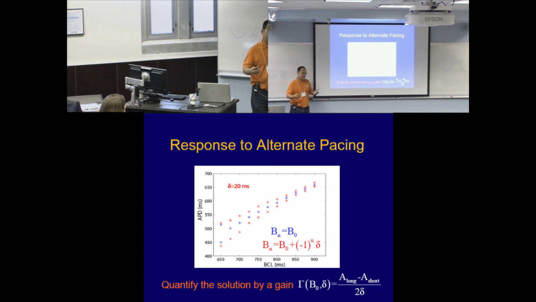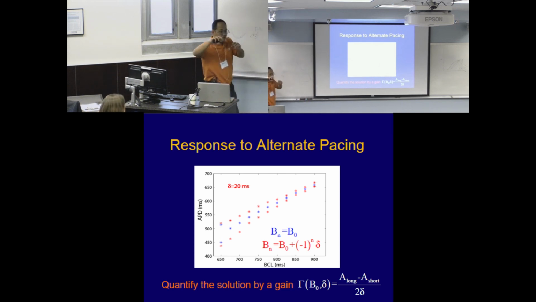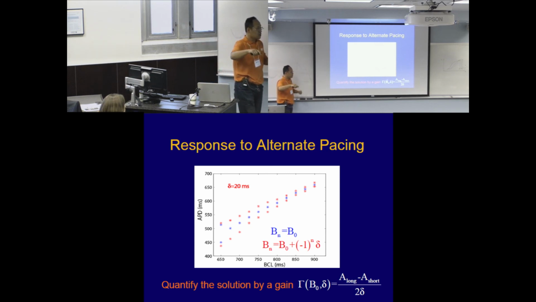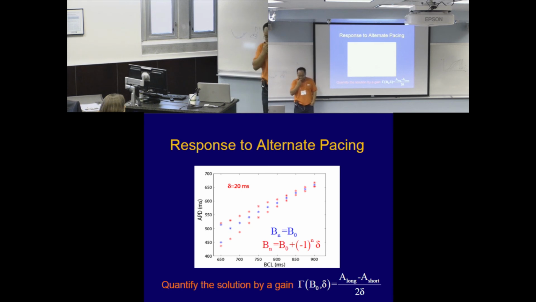That gives you some kind of measurement of the amplification effect. I can think of this as an input-output system, right? I think of the pacing as input. My input has noise or perturbation, and my output has the response in APD. So I want to see how this is amplified. The idea is that the system becomes more and more sensitive as you approach bifurcation.